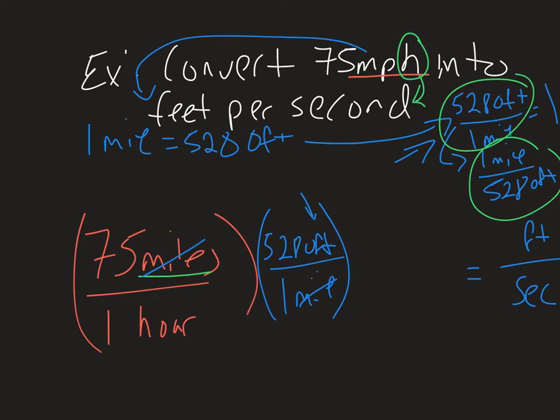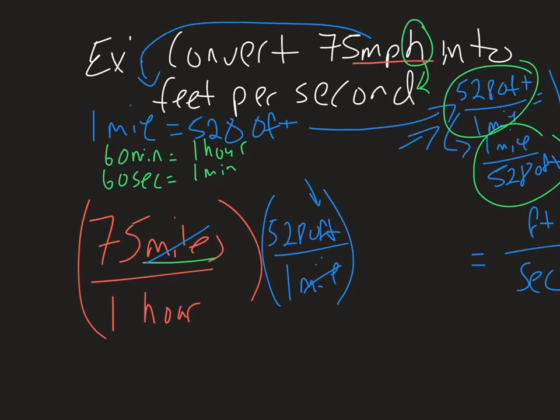So we know that 60 minutes is equivalent to 1 hour. And likewise, we know 60 seconds is equal to 1 minute. So we're technically going to have to do two ratios here. So we can write some useful ratios for ourselves.